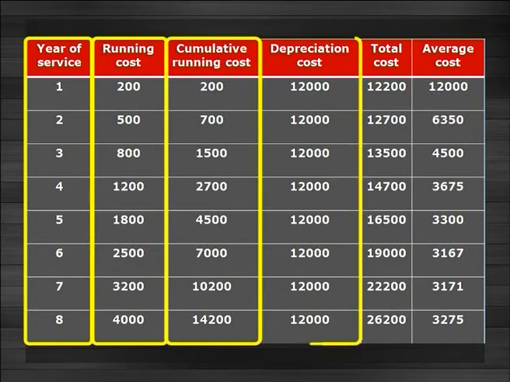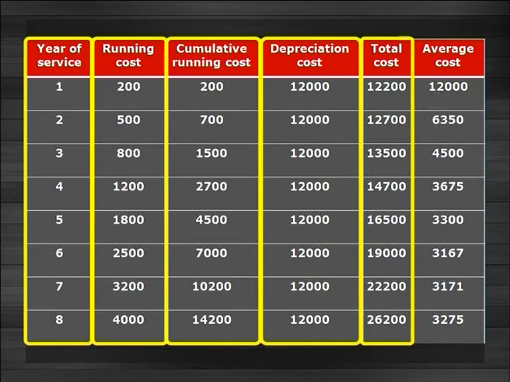Column 4 indicates the depreciation cost, arrived at by C minus S, which is equal to 12,000 for all the 8 years. Column 5 indicates the total cost, that is the total of the values in column 3 plus column 4. The values in the last column are the average cost, which is arrived at by dividing the values in column 5 by the values in column 1.